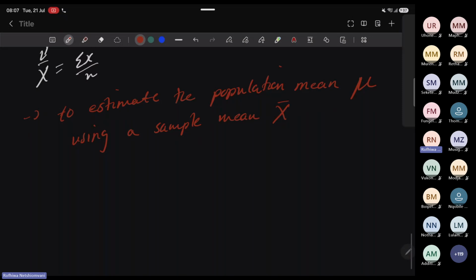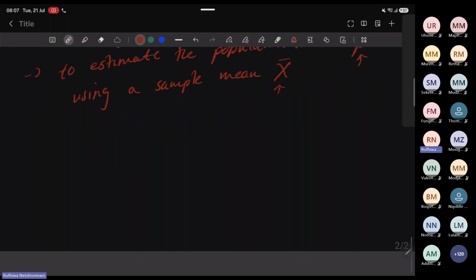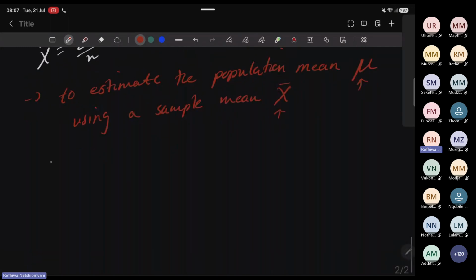What this means is that once we get the value of X bar, then we have estimated the value of what? Of mu. Then this takes you to what we call the point estimate of the population mean. So let's just say point estimate of mu. We know that wherever you see mu, this means the population mean.